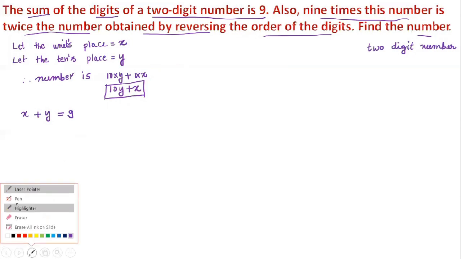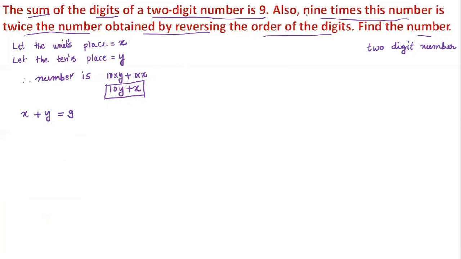Reversing the digits means you have to write x in the place of y and y in the place of x.